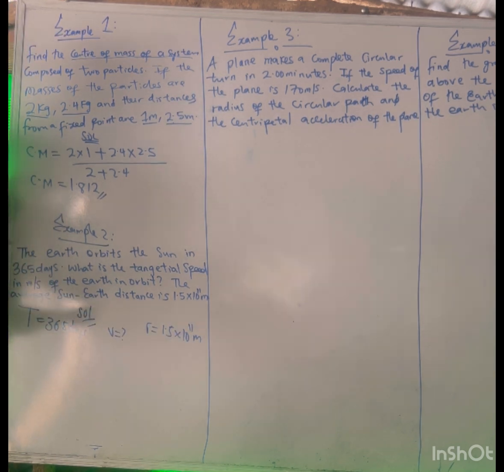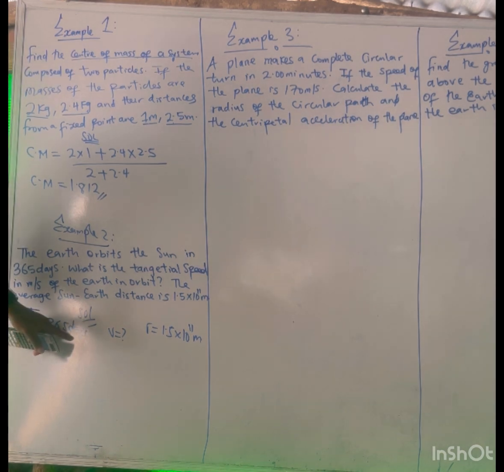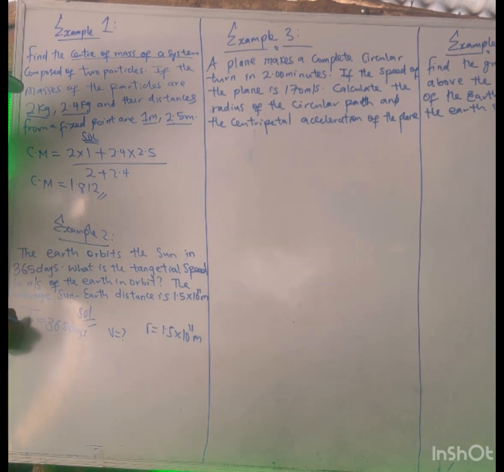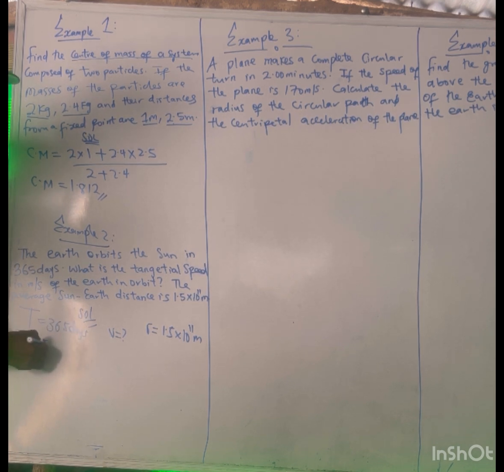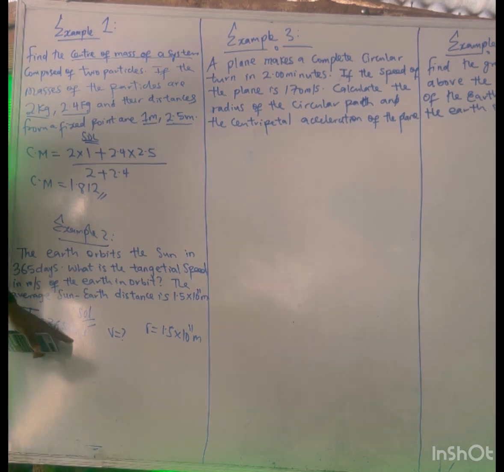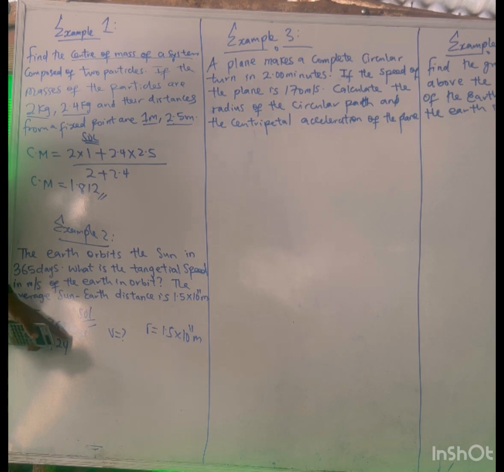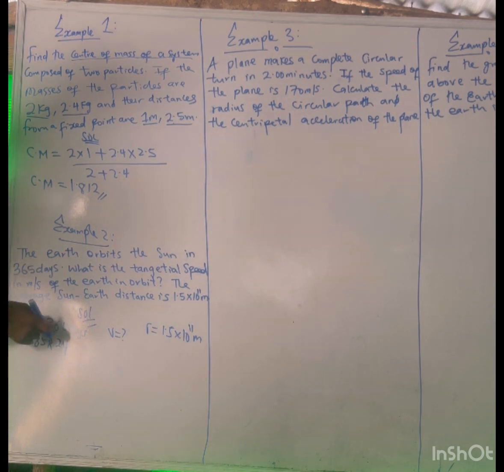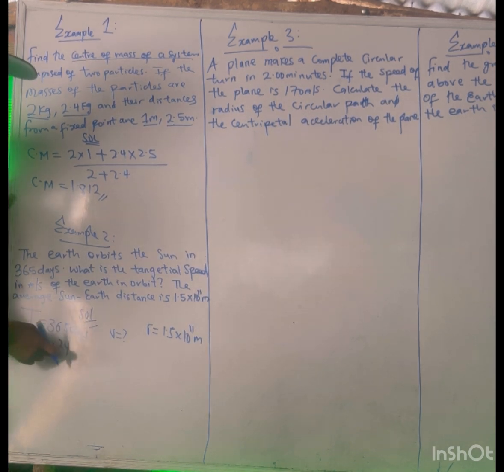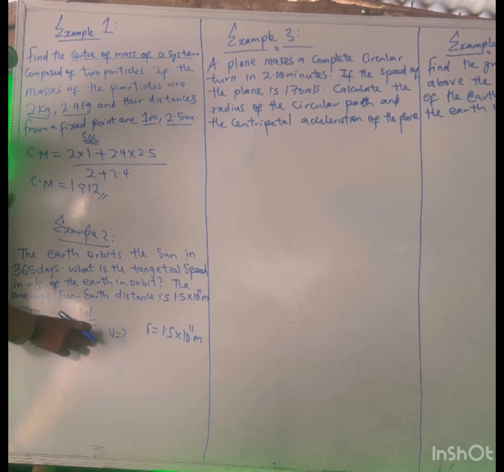So before I move on, I have to convert these days to seconds. So this T, these 365 days, will be converted to hours. That will be multiplied by 24 hours, because in one day we have 24 hours.